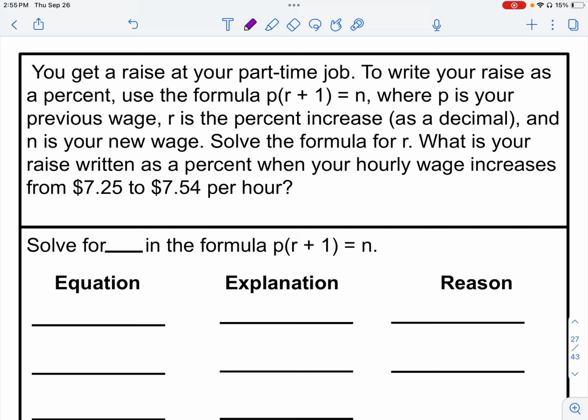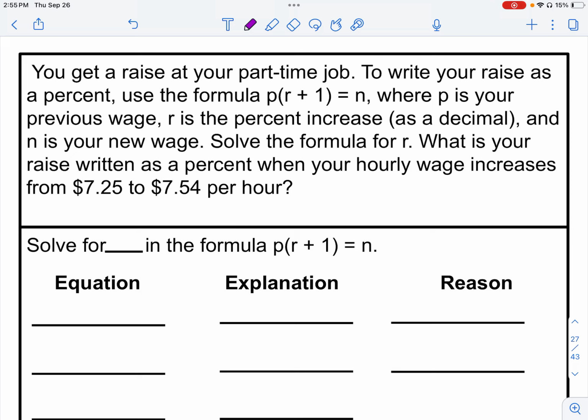So let's talk about this one for a moment. Here, you get a raise at your part-time job. To write your raise as a percent, use the formula P times the expression R plus 1 equals N, where P is your previous wage, R is the percentage increase, it'll come out as a decimal, and N is your new wage.